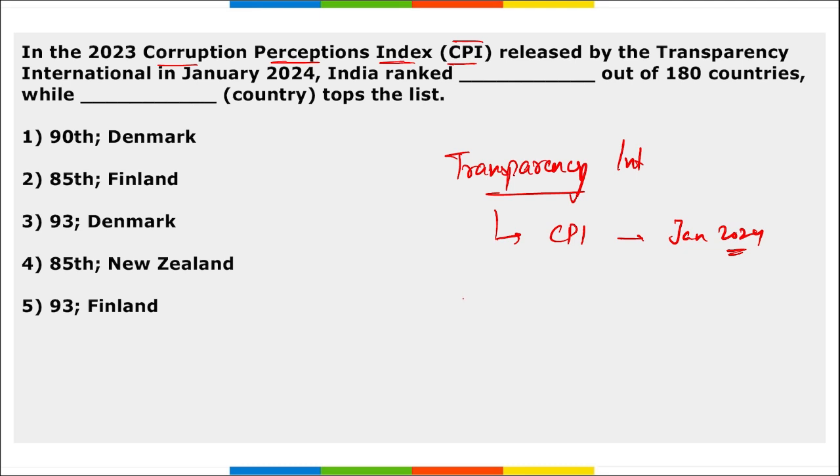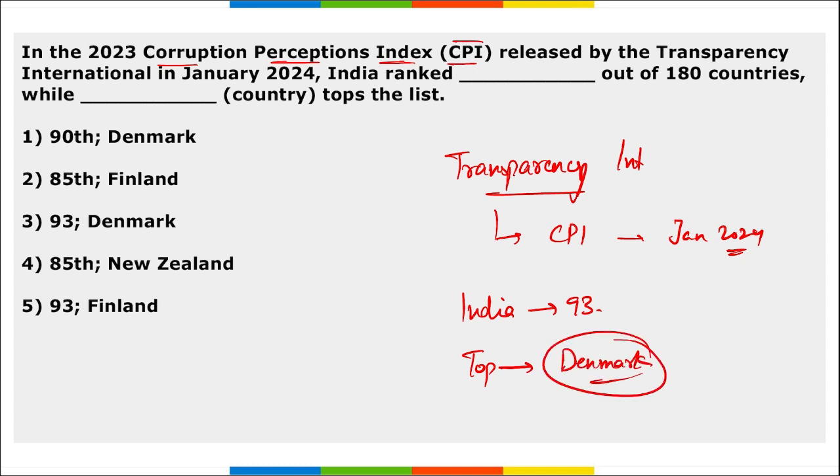So India was ranked 93rd, and which is the country that has topped the list? It is Denmark. That means there is no corruption in Denmark. Correct? And if we talk about the rank 93, it was shared by India, Kazakhstan and Maldives. So the right option here becomes option 3.